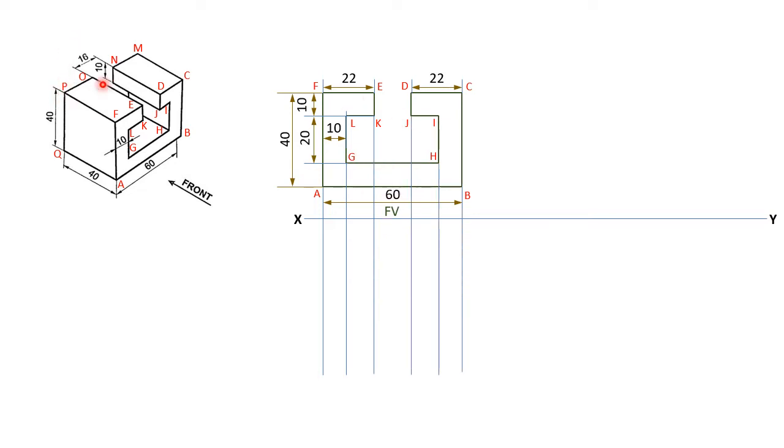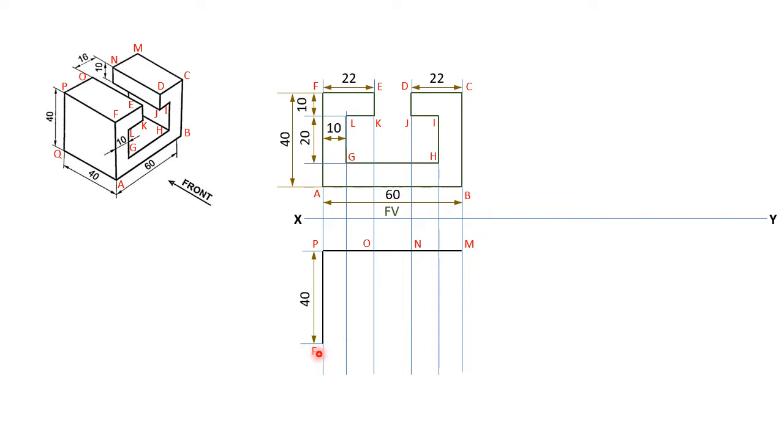In the top view, the length PM or FC is 60 unit, equivalent to AB. So we will draw a horizontal line parallel to XY, that is PM, which intersects the projection of EK at O and the projection of DJ at N.